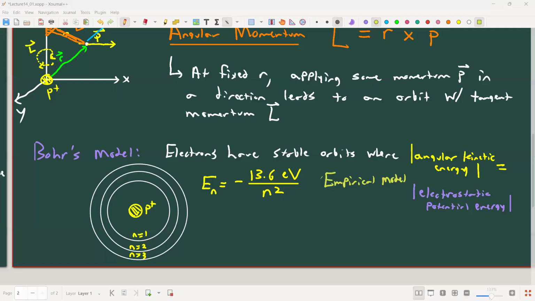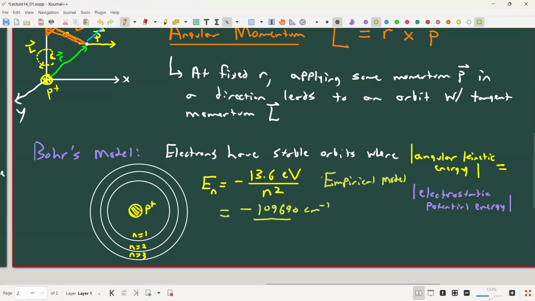Let me give you that in a different number, something that you're more used to. We'll talk about eVs in a little bit when we get to hydrogen later. It is equal to minus 1,690 wave numbers divided by n squared.